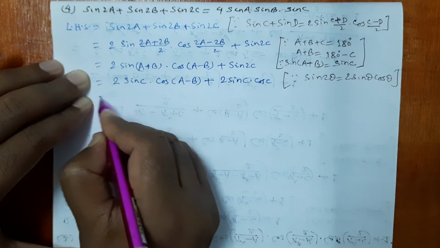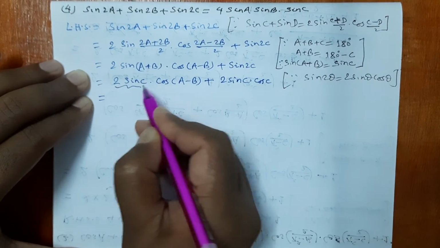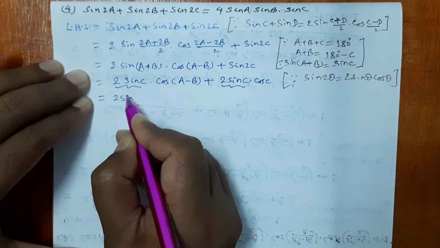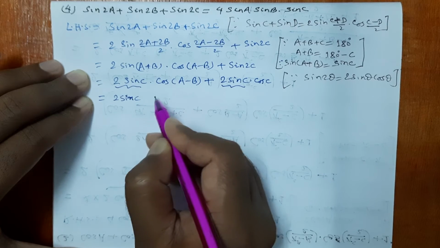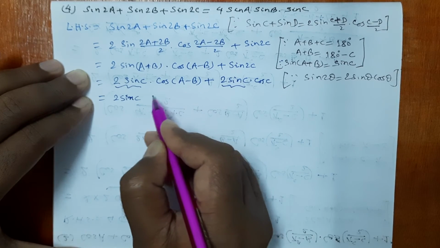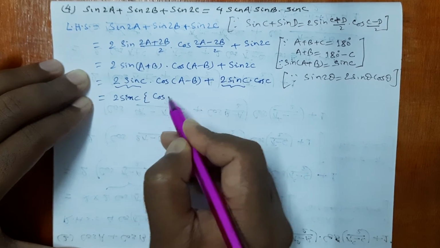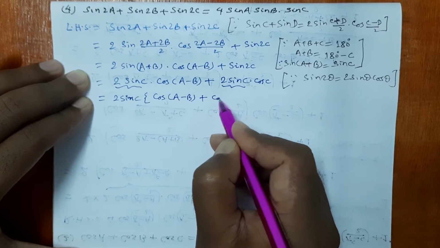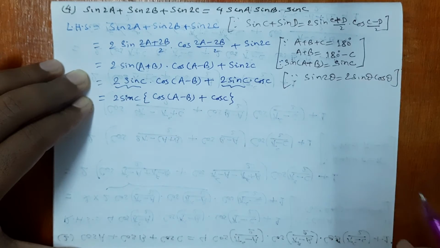Now from this and from this we can take out 2 sin C as common, and inside we get cos (A minus B) plus cos C.